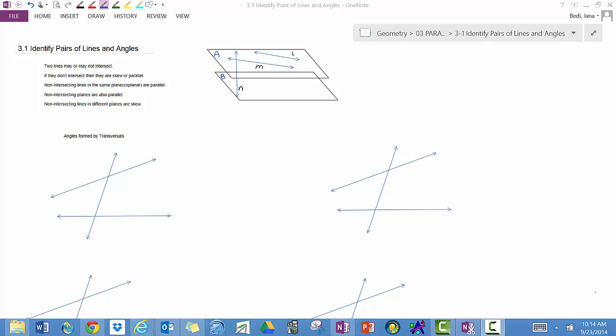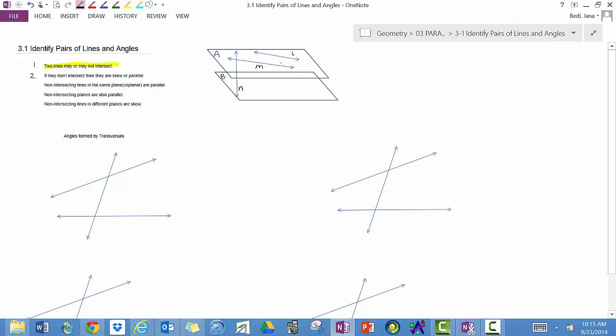So here are the situations. If you have two lines, they may or may not intersect. Second, if they don't intersect, then they are skew or parallel.